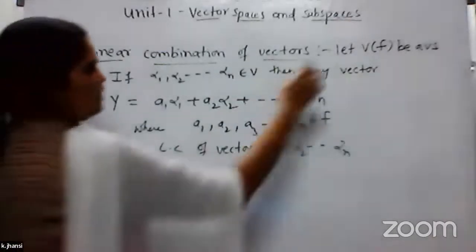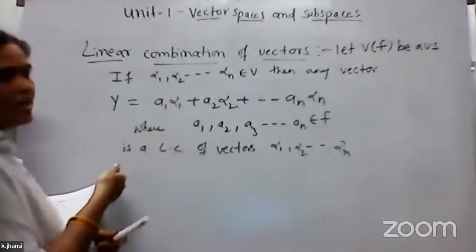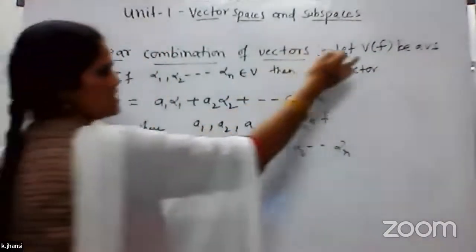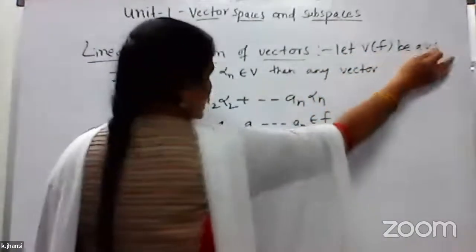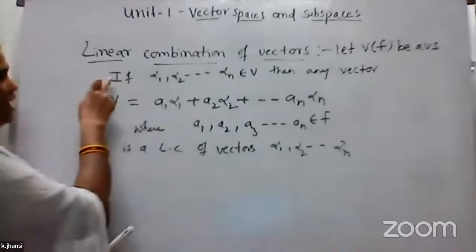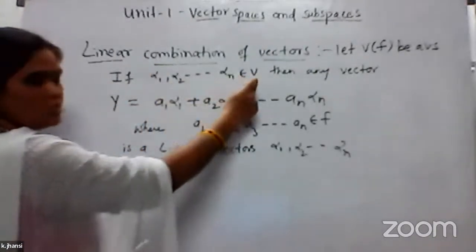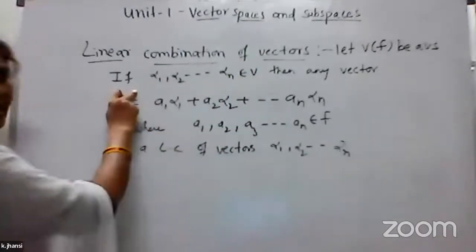V of F means V is the set of vectors and F is the field of scalars. Vector space means it satisfies all the 9 conditions. If alpha 1, alpha 2 up till alpha n belong to V, these are the vectors.